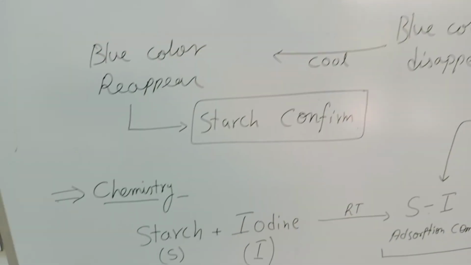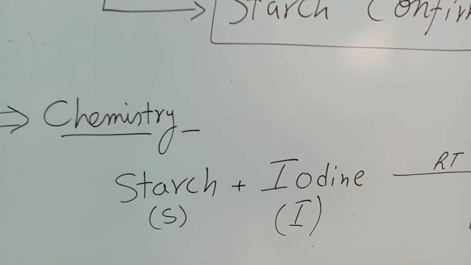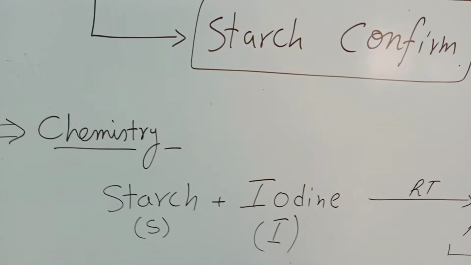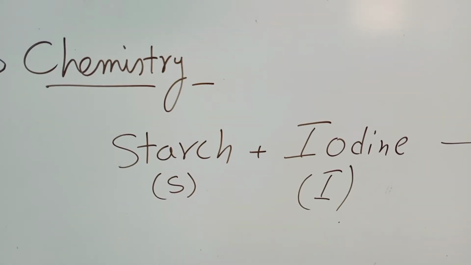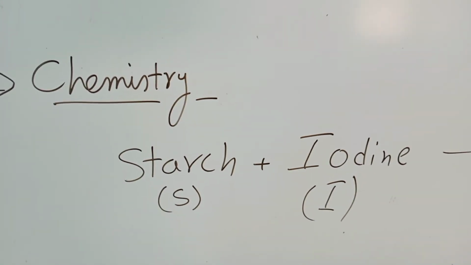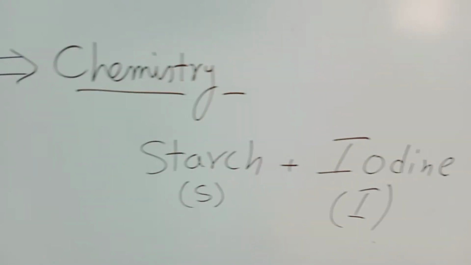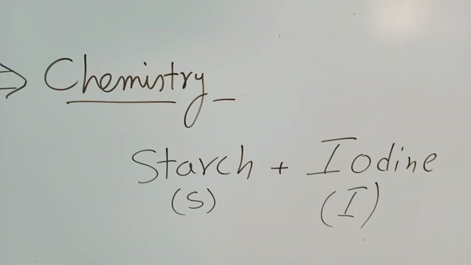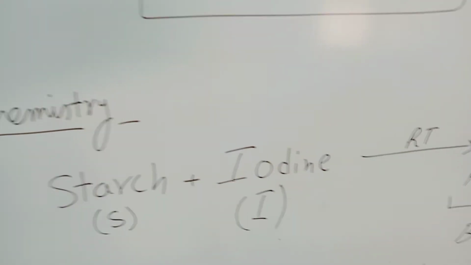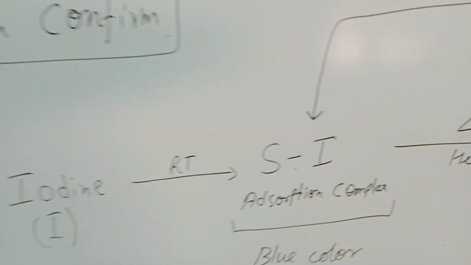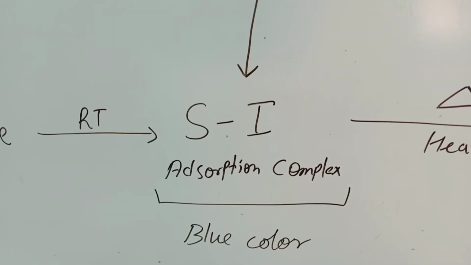Now let us look into the chemistry, why ultimately the starch and iodine when they react produce a blue color. So when starch, which I mark as capital S, and iodine, which I mark as capital I, react at room temperature, there is a formation of an adsorption complex between starch and iodine.